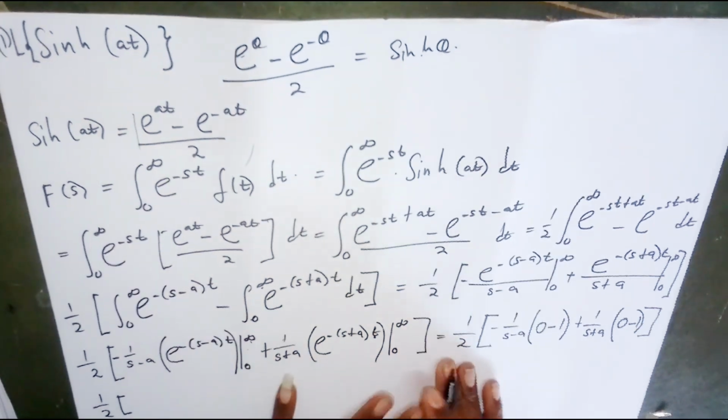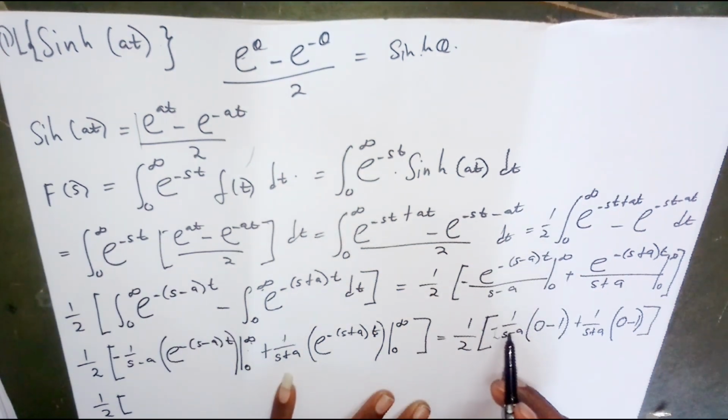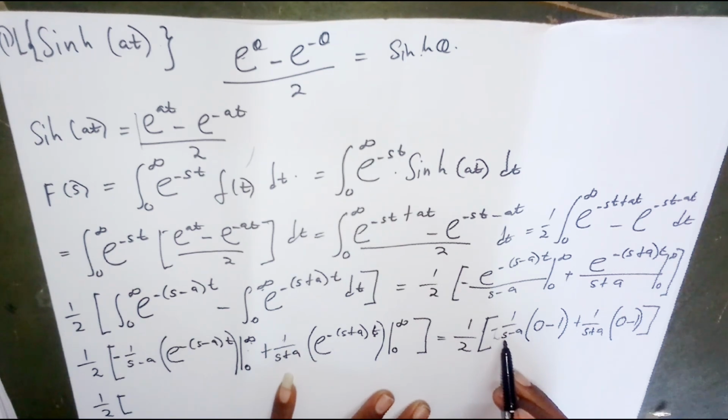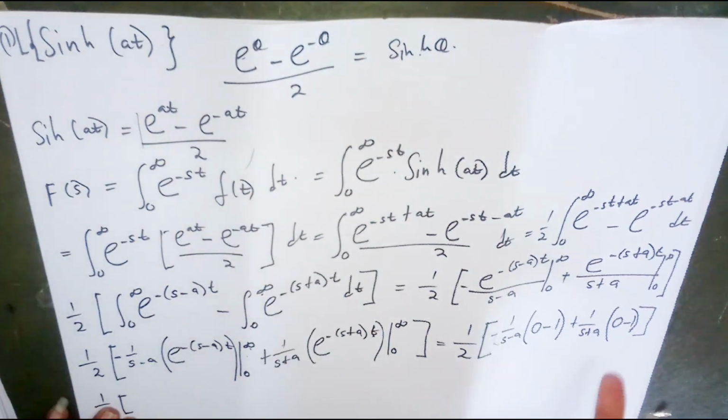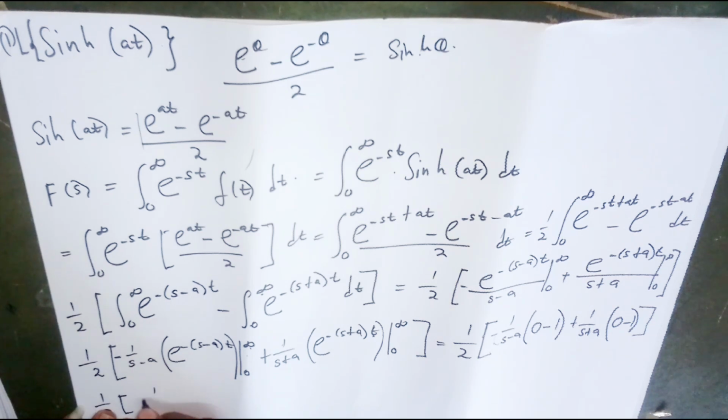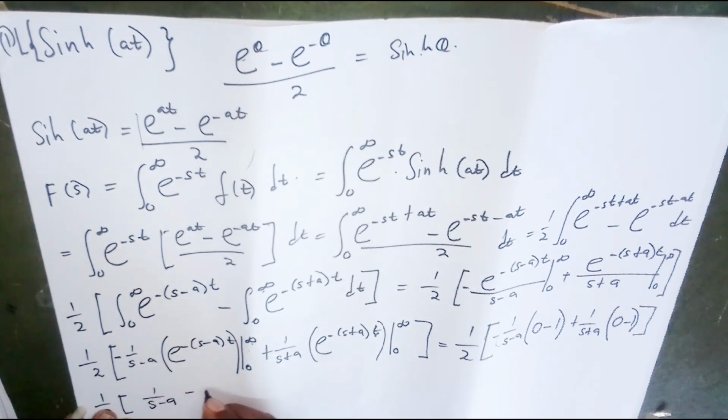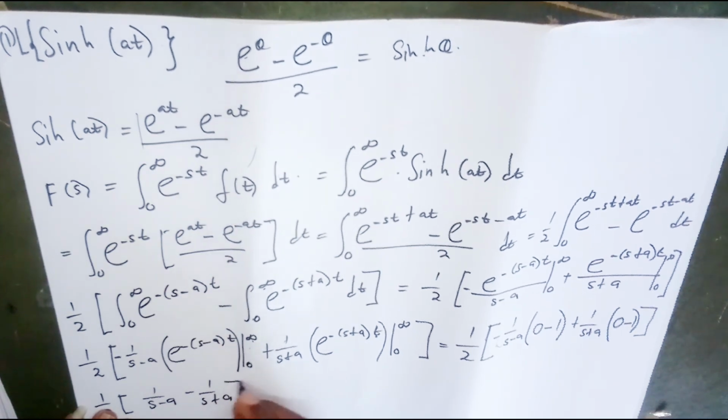Then if we multiply with this negative 1 over s minus a, we are left with 1 over s minus a, negative 1 over s plus a.